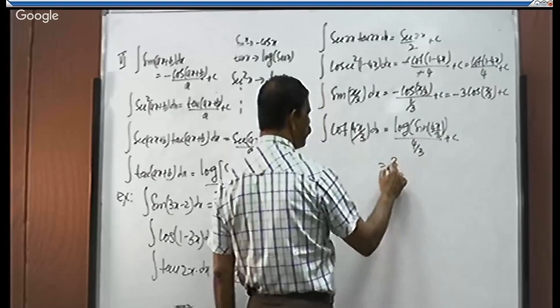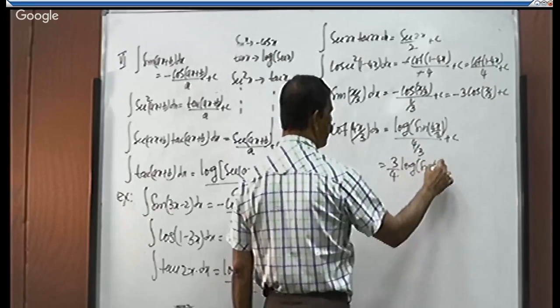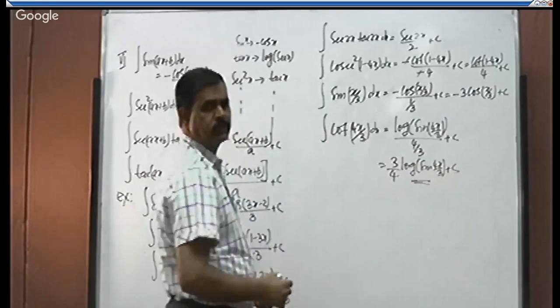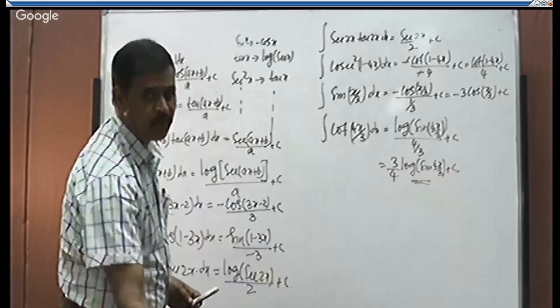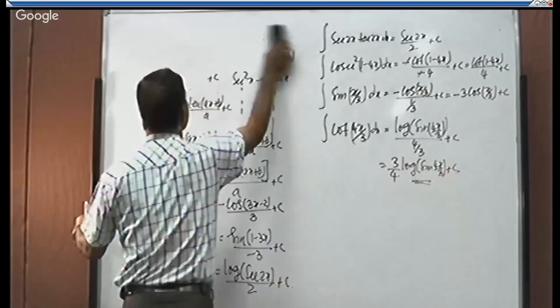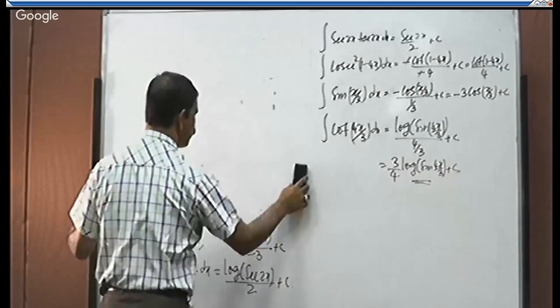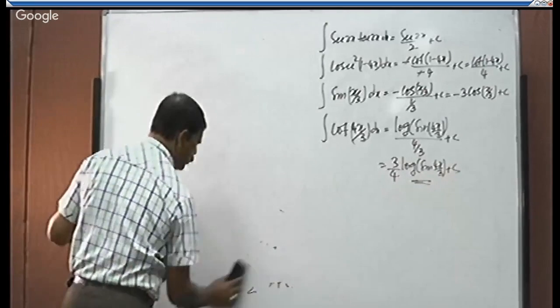Which is equal to 3 by 4 into the log of sine 4x divided by 3 plus c. So like that we can extend it for all the trigonometric formulae. Okay. So based on all the standard forms, we can work out few problems which have some combinations, right?